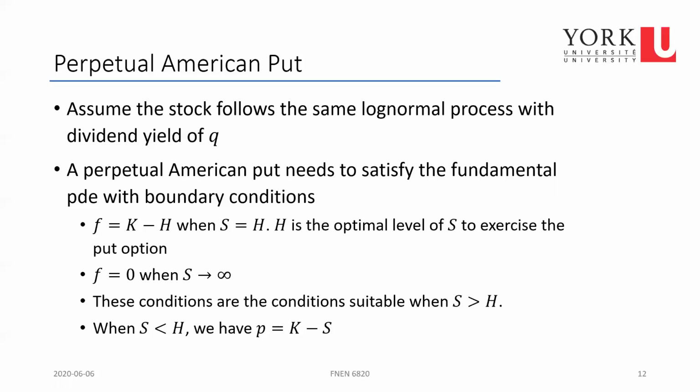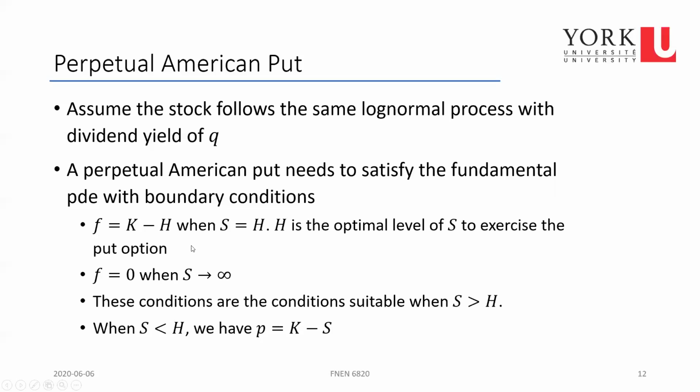So more so for an American put, and there's no such case that we don't exercise until maturity, which in this case is perpetual. So let's take a look at how we can price that.